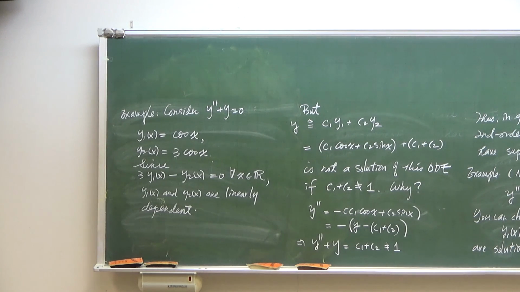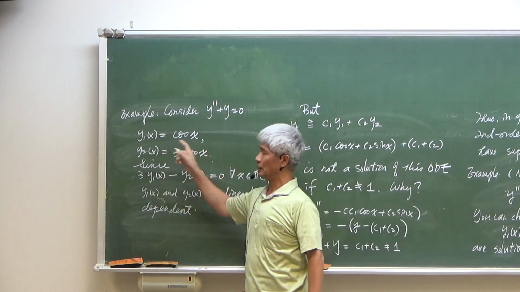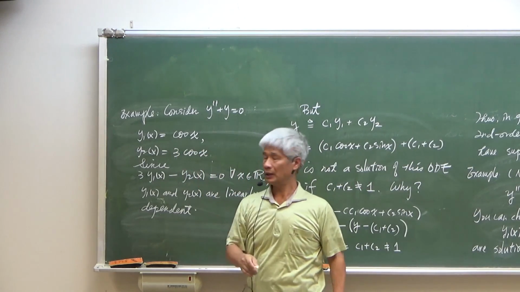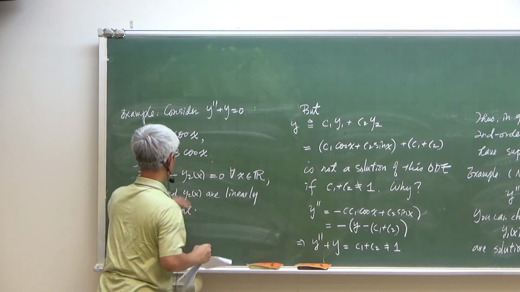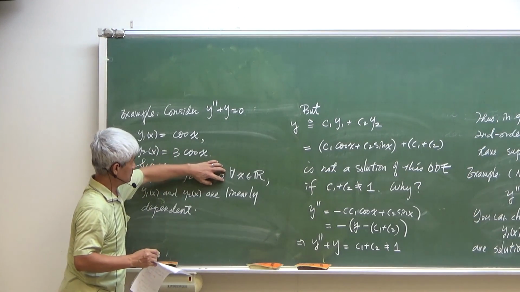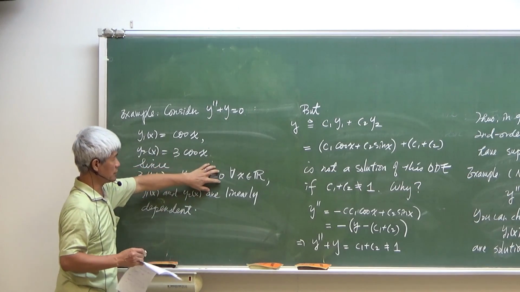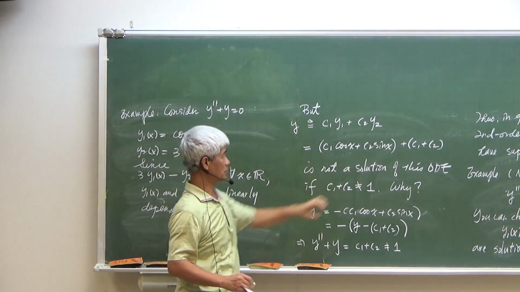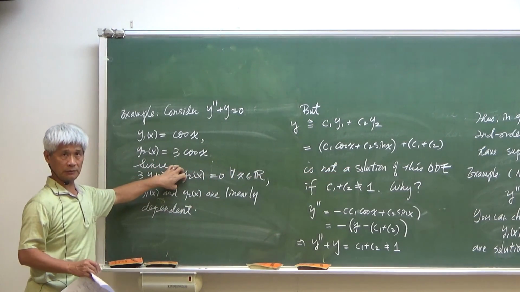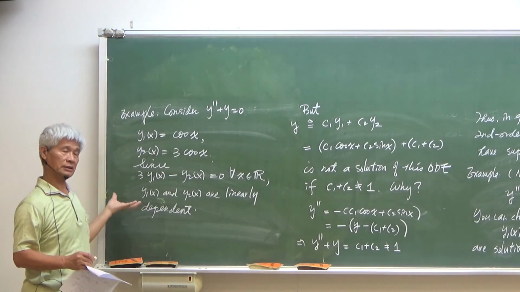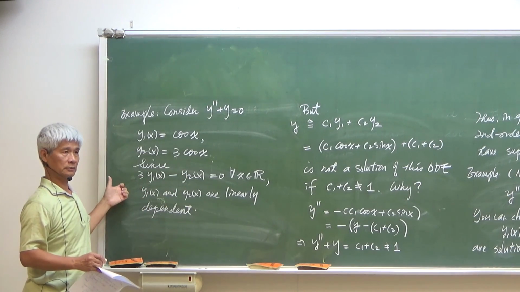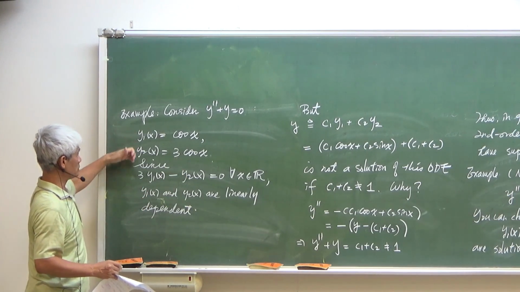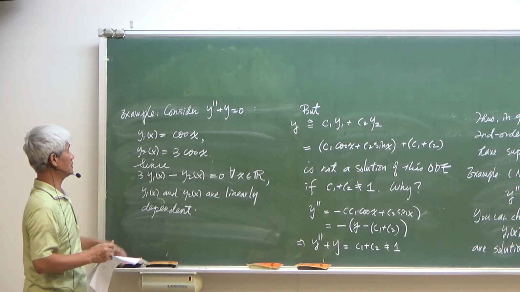Because if these two functions were linearly independent, then if we find a linear combination which is zero in an open interval, by the definition, these two coefficients must be zero. But this is not true for this case. So y1 and y2 are linearly dependent.